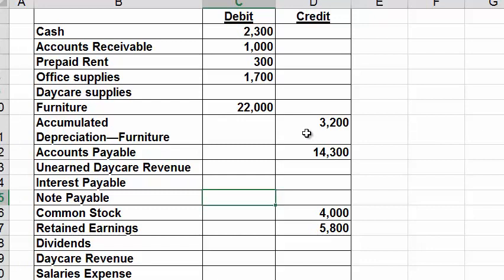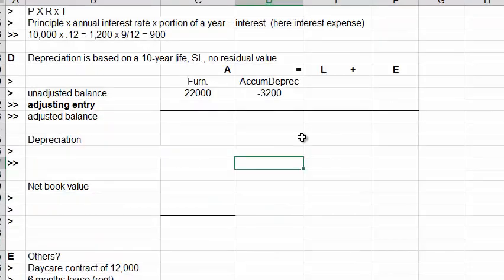Let's put these balances in our accounting equation to help us do our adjusting entry. Okay, so under assets, here's our $22,000 cost of the furniture and the negative $3,200 asset, because remember this is a contra asset, accumulated depreciation.